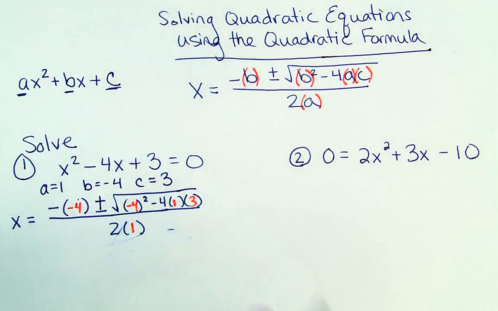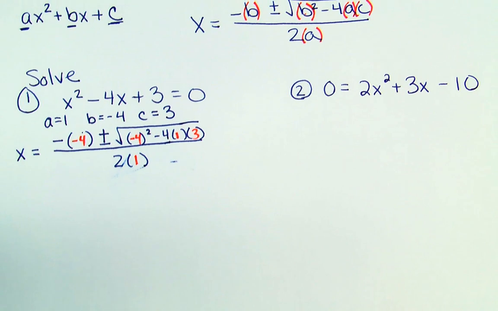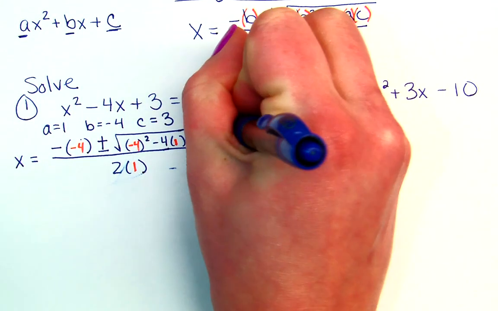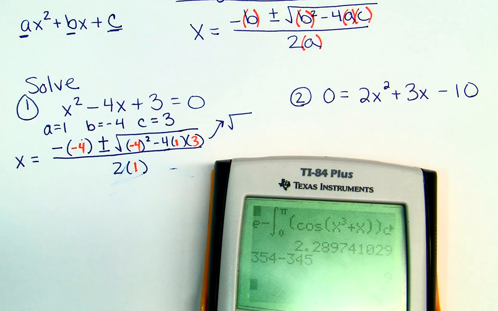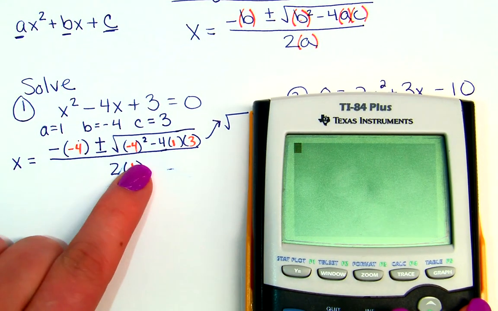So what I like to do now is, because the radical has such an impact on the answer we get, or the type of answer we get, I pull the math for the radical off to the side. So in my graphing calculator, I'm going to type in just what's under the parentheses, under the radical.